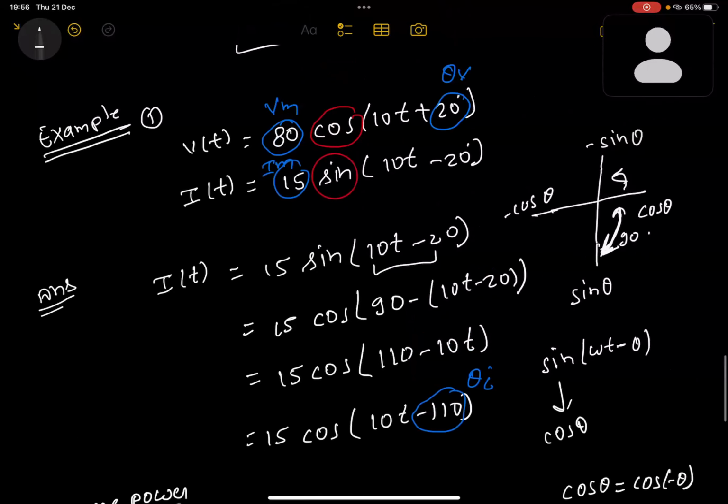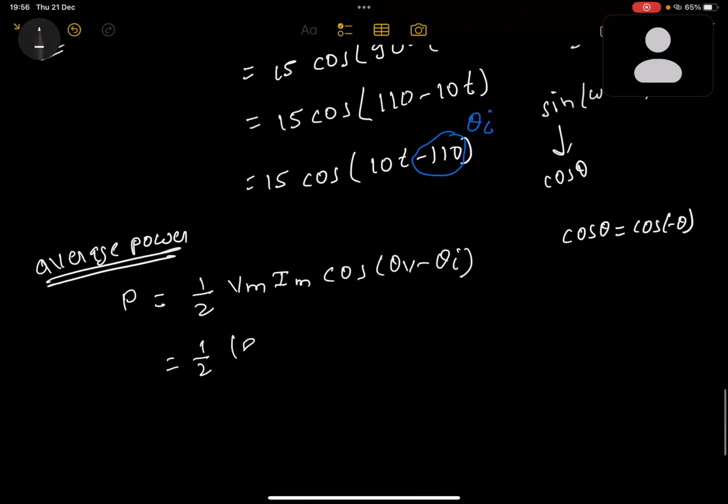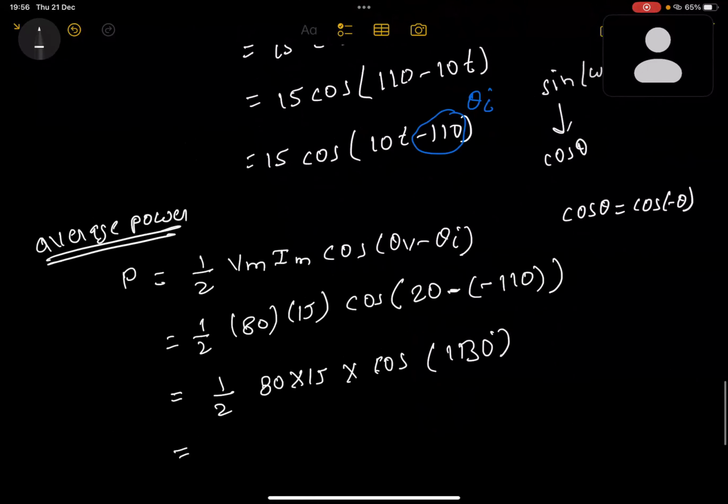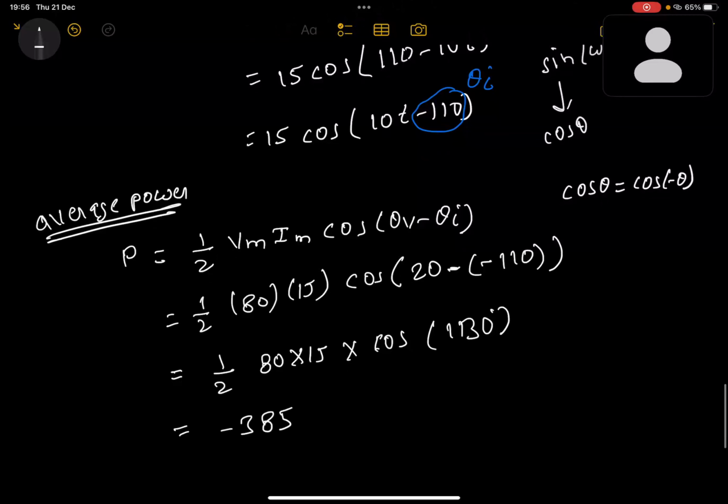Putting the values: 1 by 2, 80, 15, cos(20 minus of minus 110). This becomes 1 by 2 into 80 into 15 into cos 130 degrees. When you solve this, you get the answer, about minus 350.